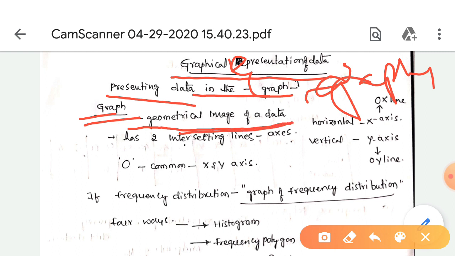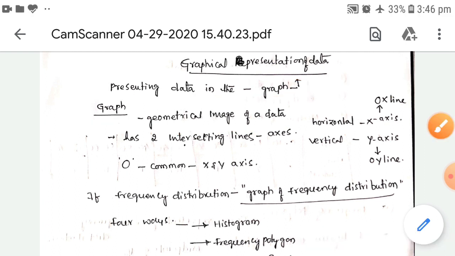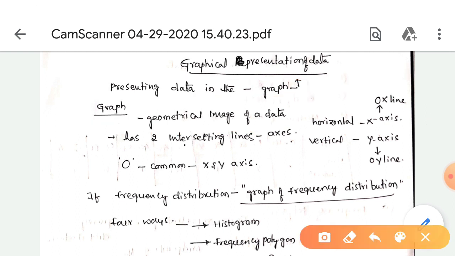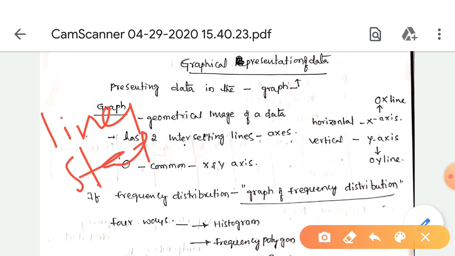A graph is a diagram consisting of lines of statistical data.